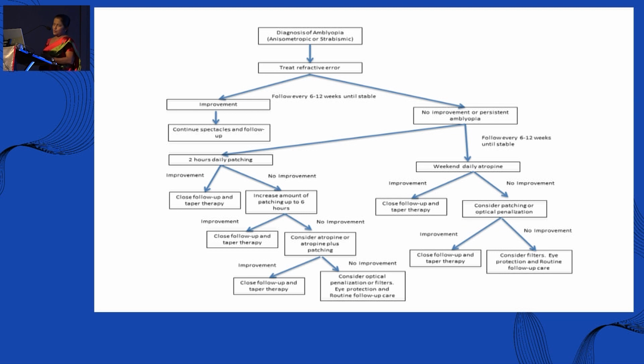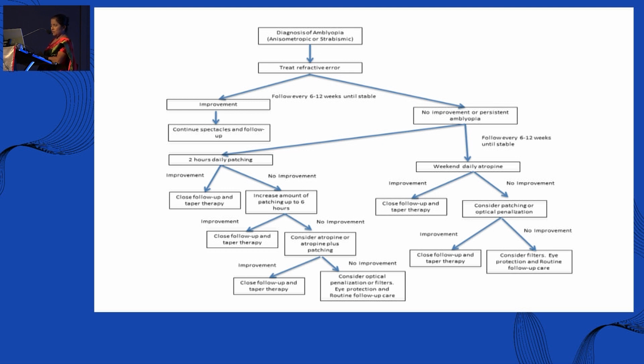So this is the flow chart. They said when there is a diagnosis of amblyopia, first we treat the refractive error, and we follow up the patient every 6 to 12 weeks until it is stable. If there is improvement, then we continue the spectacles and follow up. If there is no improvement and there is persistent amblyopia, we start occluding. First we do 2 hours daily patching, and it should improve.